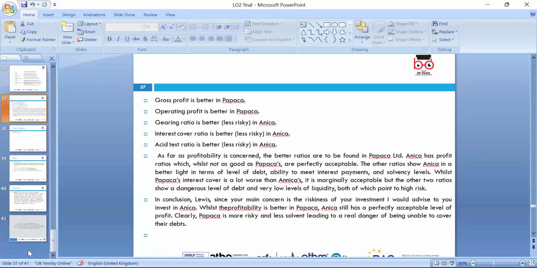Anika is less risky. The difference between the profits is very low, but maybe in the following years, because Paprika borrows more money and has fewer assets, this ultimately leads to more risk. The return according to the risk is less, so we suggest Anika is the better option for investing over Paprika.